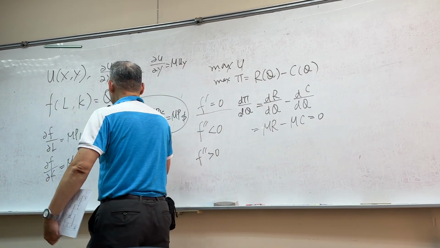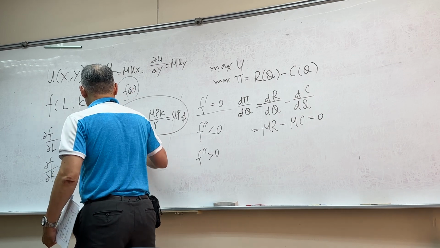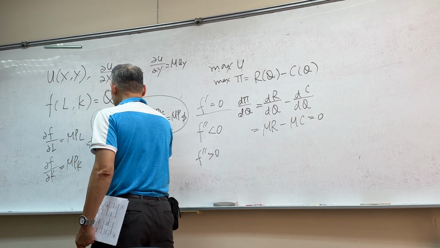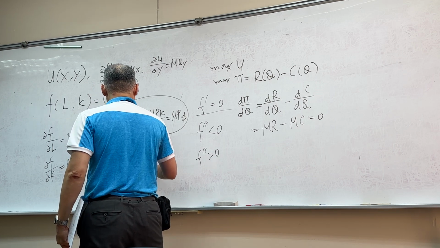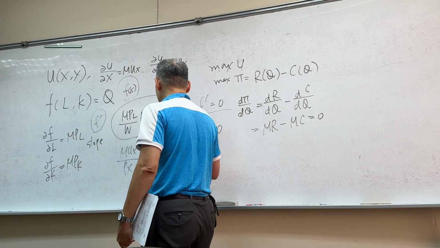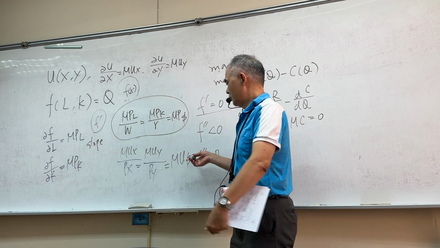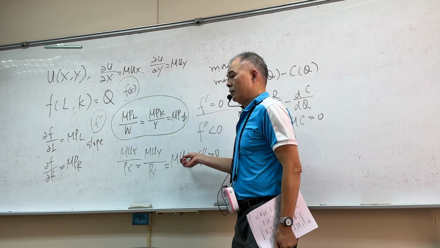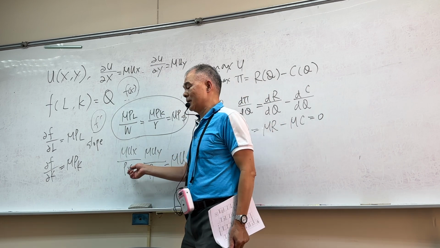The same thing for the consumer. But because consumers are talking about utility, MUX divided by PX is equal to MUY divided by PY is equal to MU per dollar. So the marginal utility you get from each dollar will be the same here.